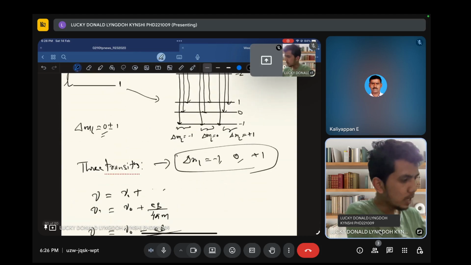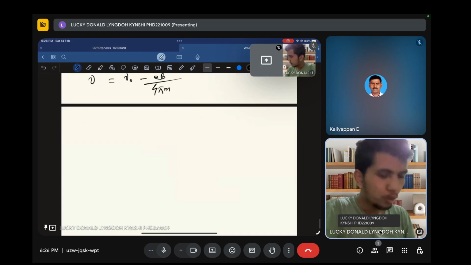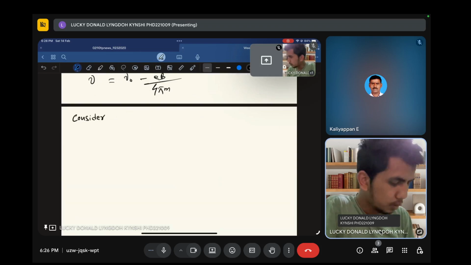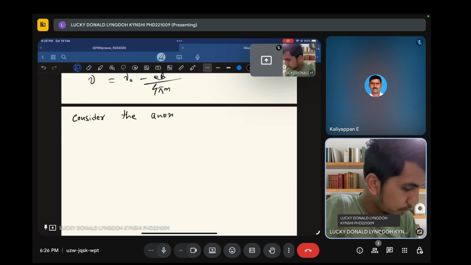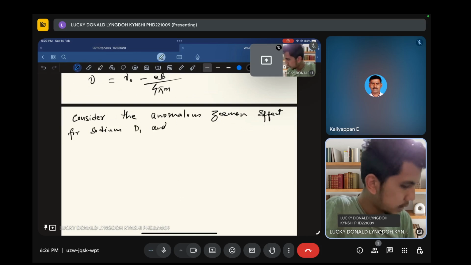Okay, now the second part of the problem is: consider the anomalous Zeeman effect for sodium D1 and D2 lines.